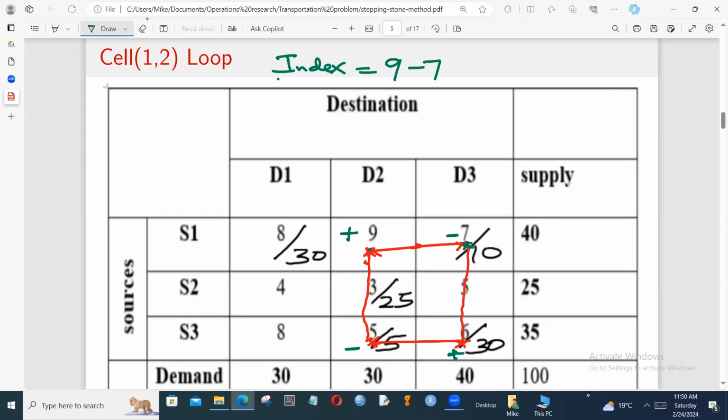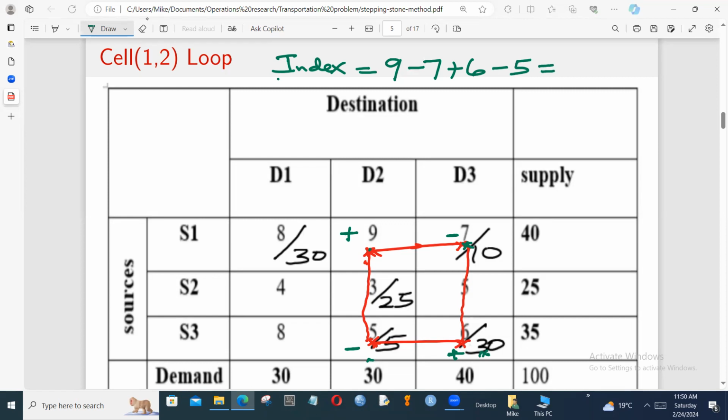So I write negative 7. And then the other turn, this cell down here in the corner is positive, and the cost associated with that cell is 6. So it's positive 6. And then this other cell here, in this turn, the cost is 5, and the sign attached to it is negative 5.